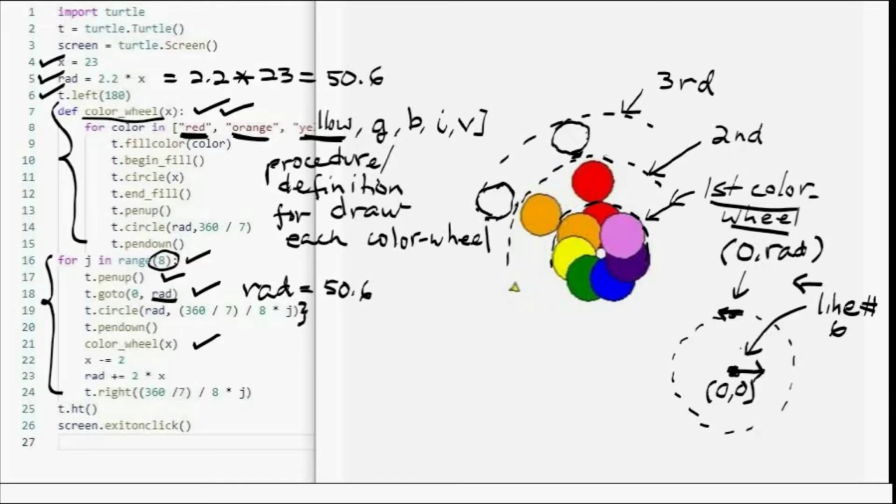Okay, to continue drawing the color wheel, I need to use this sub procedure for color filling the small circles.